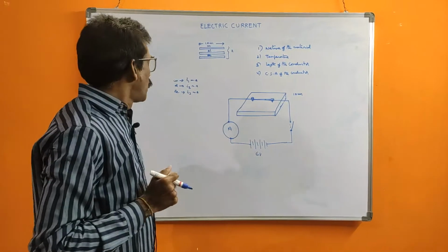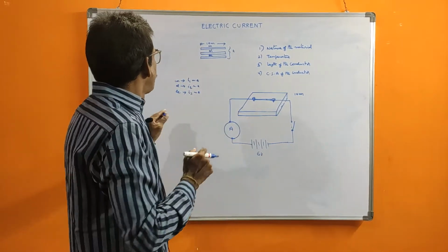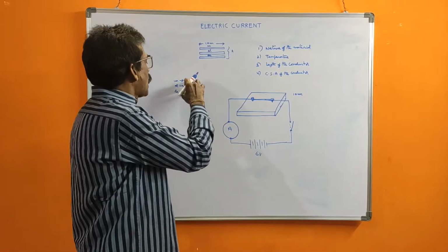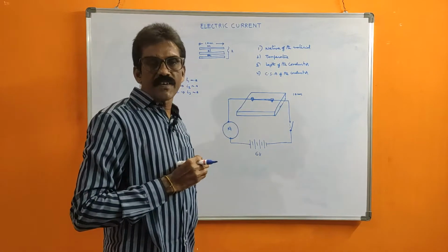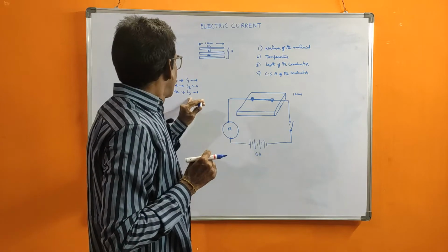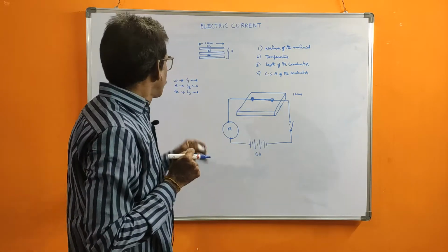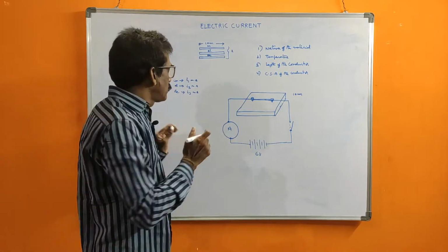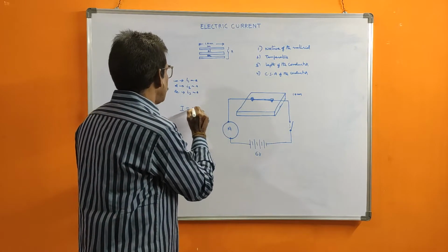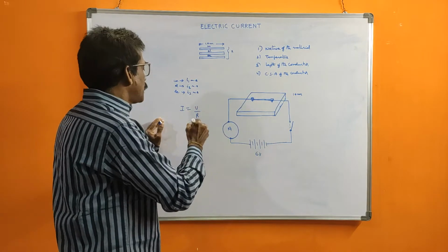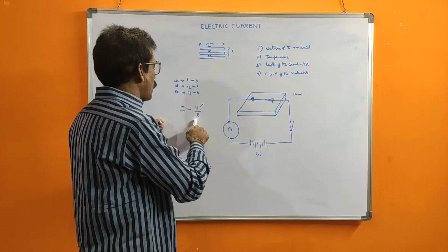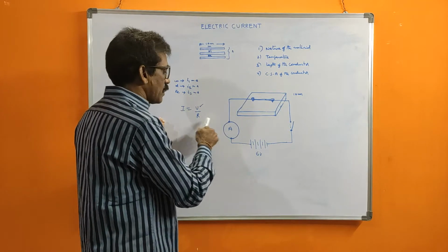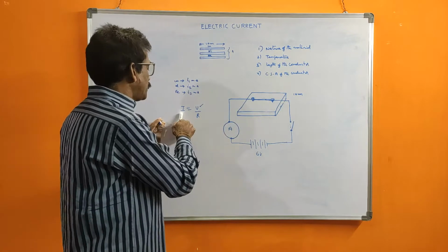Now if you observe these three values, I1, I2, I3, these three are showing different readings. No two readings are equal. What is current? I is equal to V by R. Here we are not changing the voltage, V is not changing, but the current is changing.